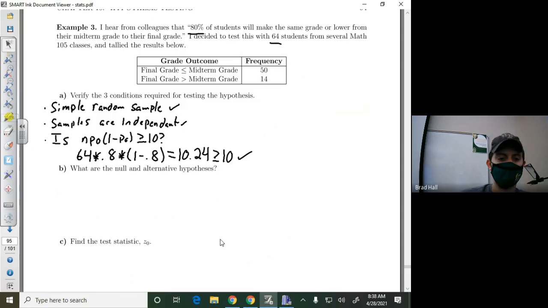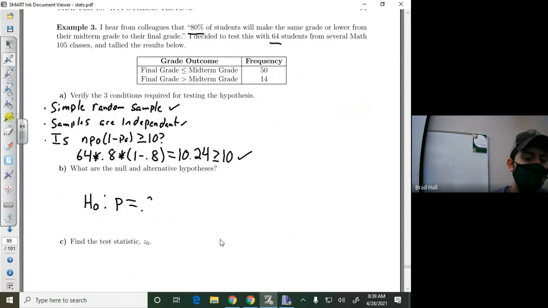Now from here, it's asking, what are the null and alternative hypotheses? Start off with the null hypothesis. Well, we're talking about proportion, so that's p. And it's assumed that the proportion is equal to 0.8 or 80%.